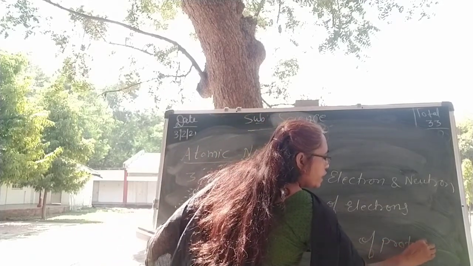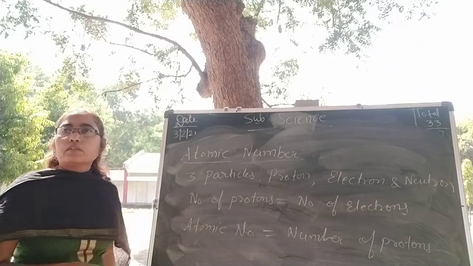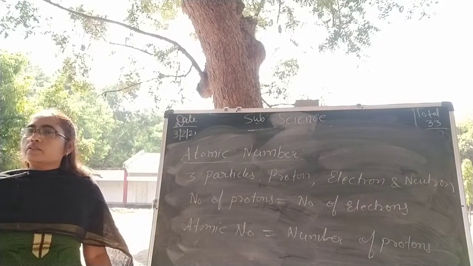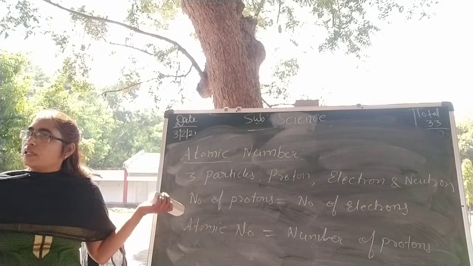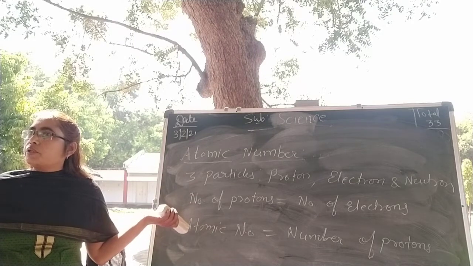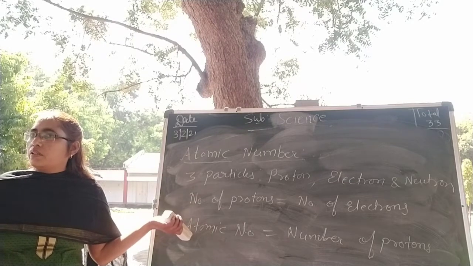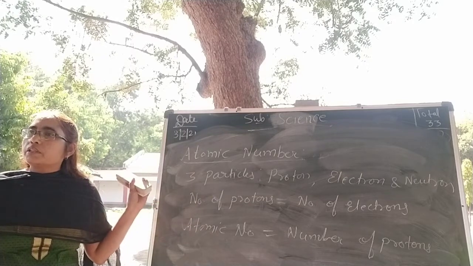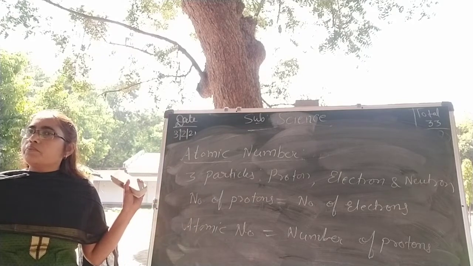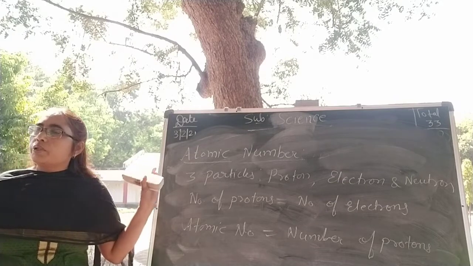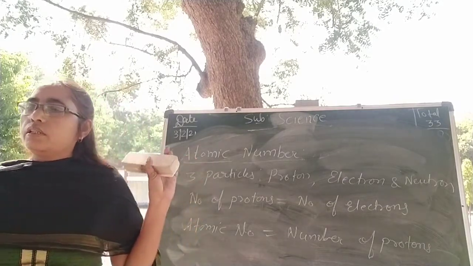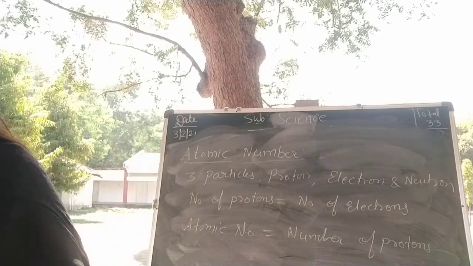So it is very easy to find out the number of protons. For example, in sodium, how many protons are there? 11 protons. So the atomic number of sodium is 11. In hydrogen, how many protons? 1. So the atomic number is 1. Clear? In oxygen, how many protons? 8. So the atomic number is 8.